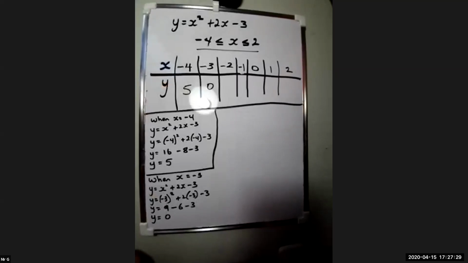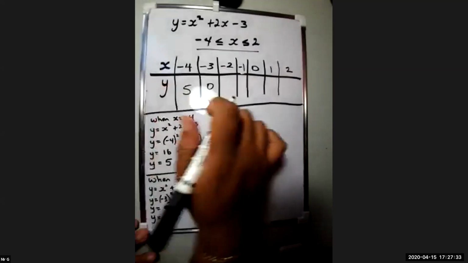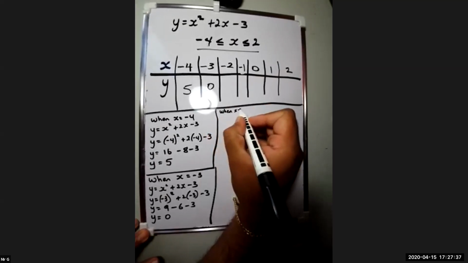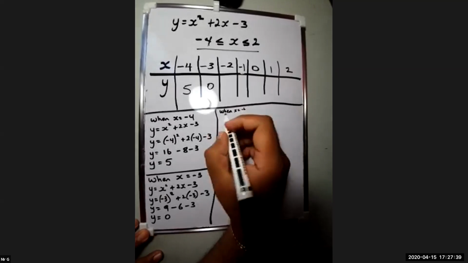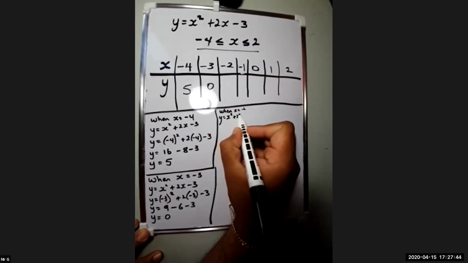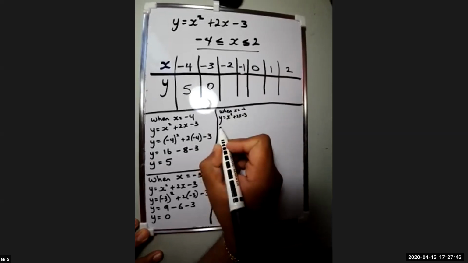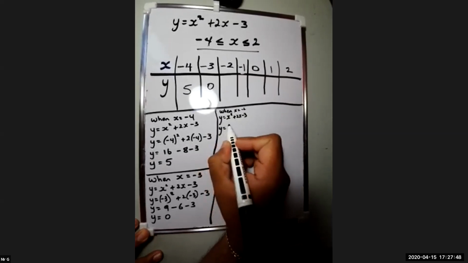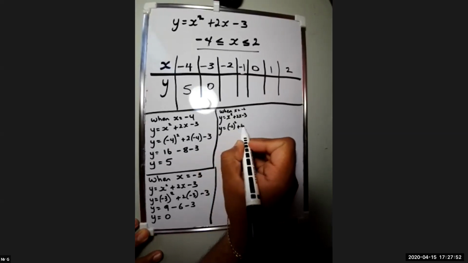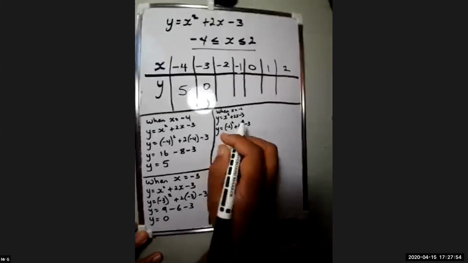Okay? And you have to do this for all the values. So when x is -2, y is equal to x squared plus 2x minus 3. So y is equal to negative 2 to the power of 2 plus 2 into negative 2 minus 3.